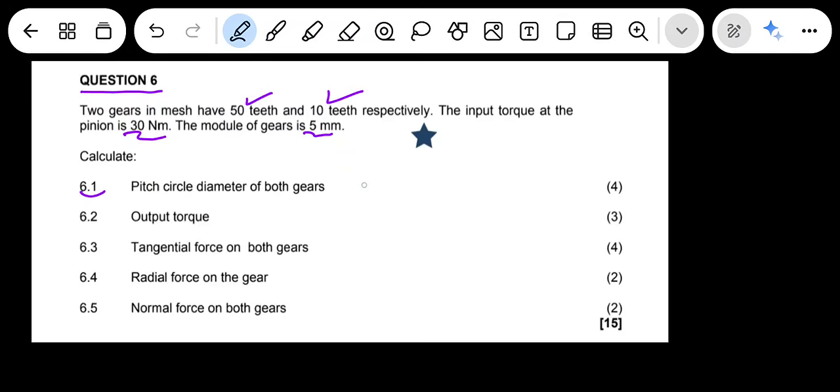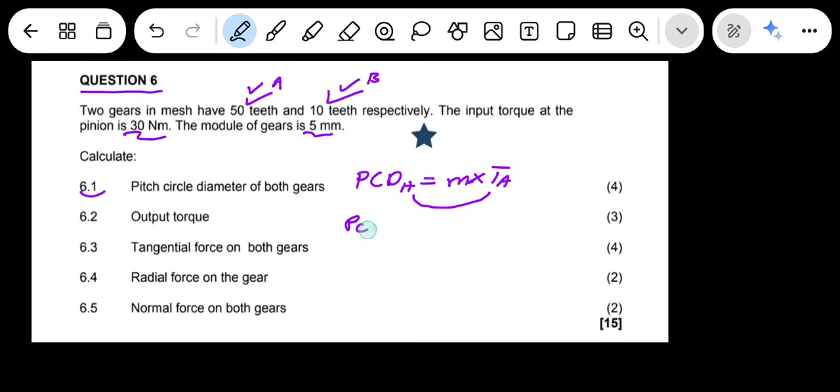Alright. I can call this first gear, gear A, and this one with 10 teeth, gear B. We know that the PCD of gear A is equal to the module multiplied by the number of teeth of gear A. That is our equation.